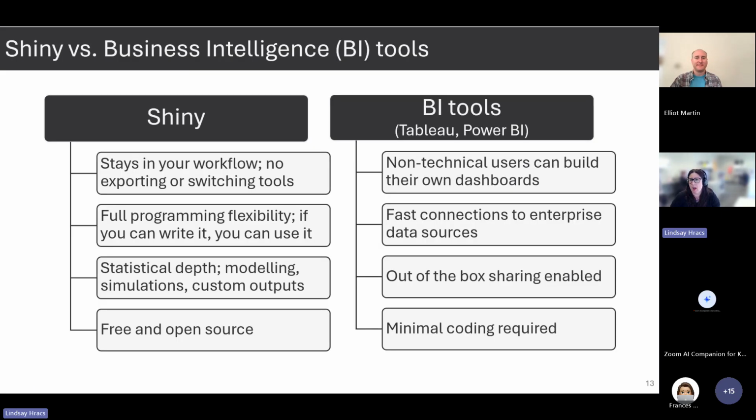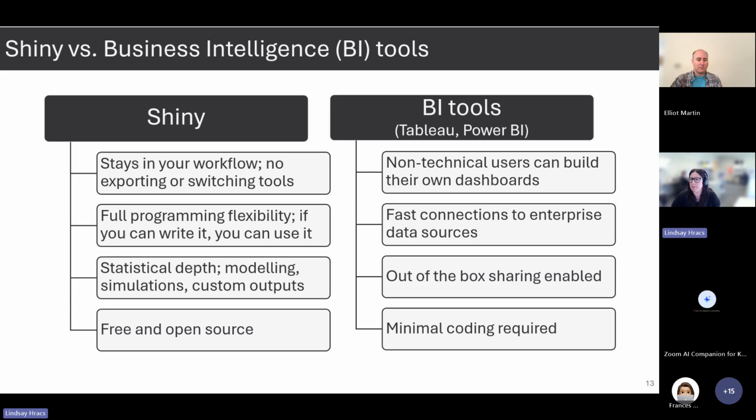Okay, so tools like Tableau and Power BI are really great for non-technical users to build their own dashboards. But Shiny has a little bit of an edge when, one, your workflow is already in R, so data cleaning, modeling, and visualization all happening in one place.